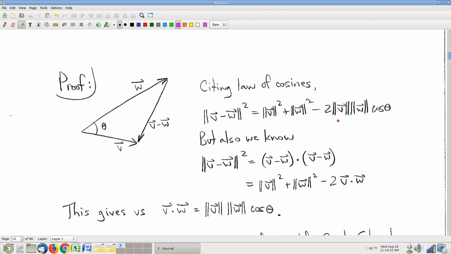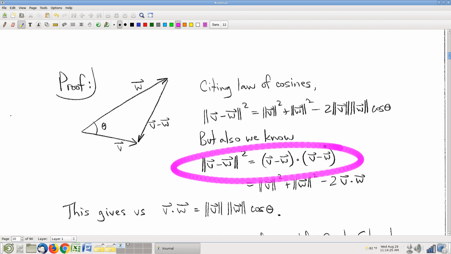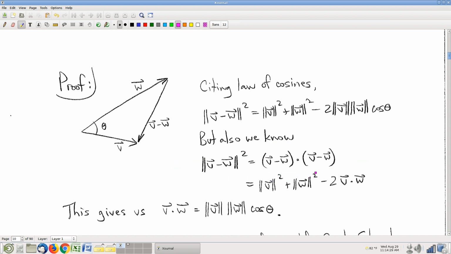So anyway, true fact. But here's another true fact. This thing that we just computed, well, we know magnitude squareds are a dot product of a vector with itself. I can FOIL this out. Right? First we have v dot v. That gives me magnitude squared, et cetera, et cetera.